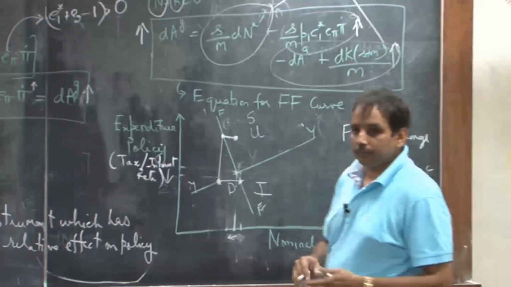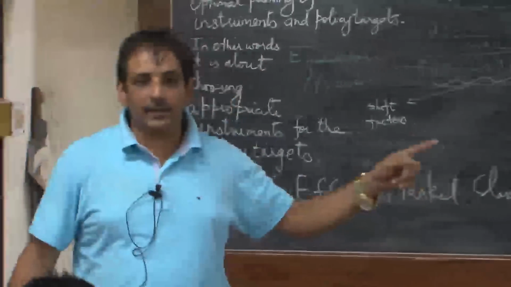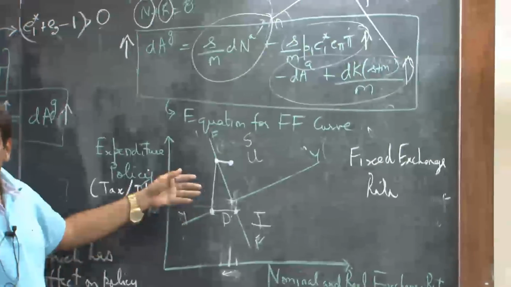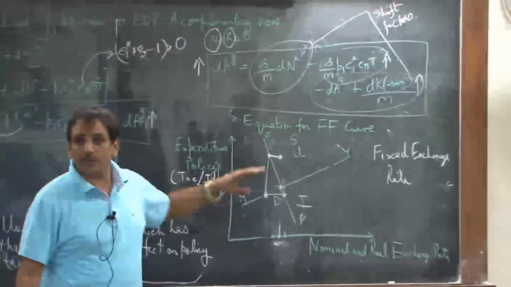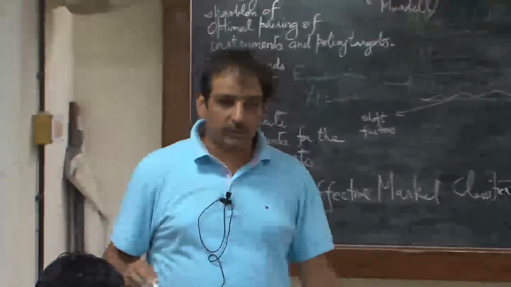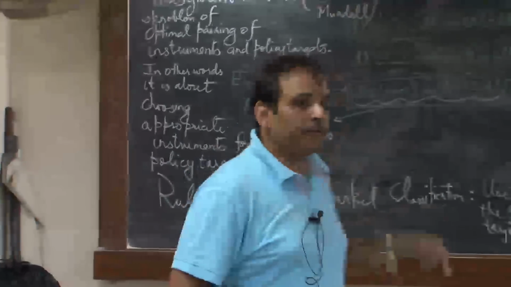Now, it's a fixed exchange rate. Had it been a flexible exchange rate, you couldn't have moved out of the FF curve. I will come to that. If there's a flexible exchange rate, you cannot have a deficit or a surplus in the balance of payments. So you will not be able to move out of the FF curve.